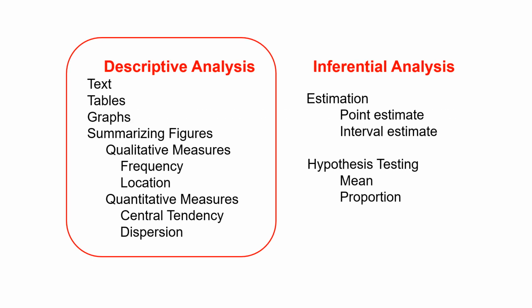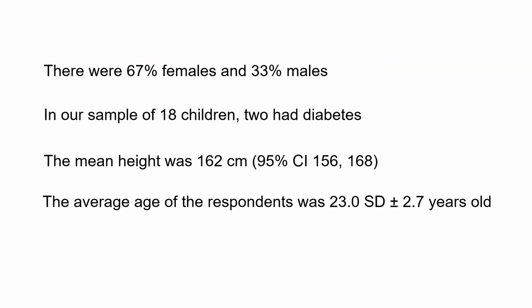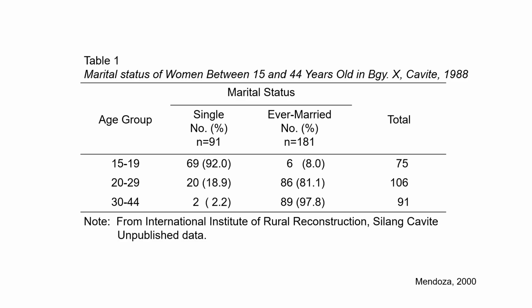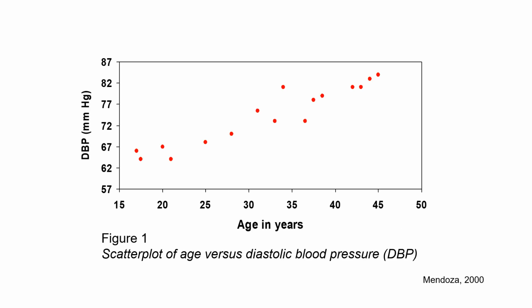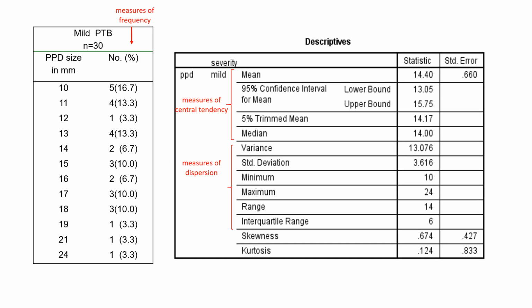There are basically two methods for analyzing data: descriptive and inferential analysis. Descriptive analysis entails summarizing and presenting data in text, tables, graphs, and summarizing figures such as your measures of frequency, central tendency, and dispersion.